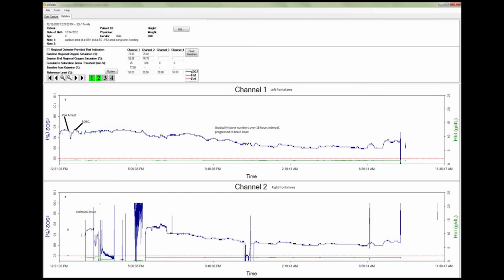And this is just some of our data using Nonin, and you see here some of the challenges on the bottom, this is the right and the left frontal, and you see some of the challenges that we confront with this research, inability, at least initially, to get a nice stable signal. The other interesting thing about this data, and I apologize, it's hard to read, was that in about the middle of the recording period, the patient actually became clinically brain dead.